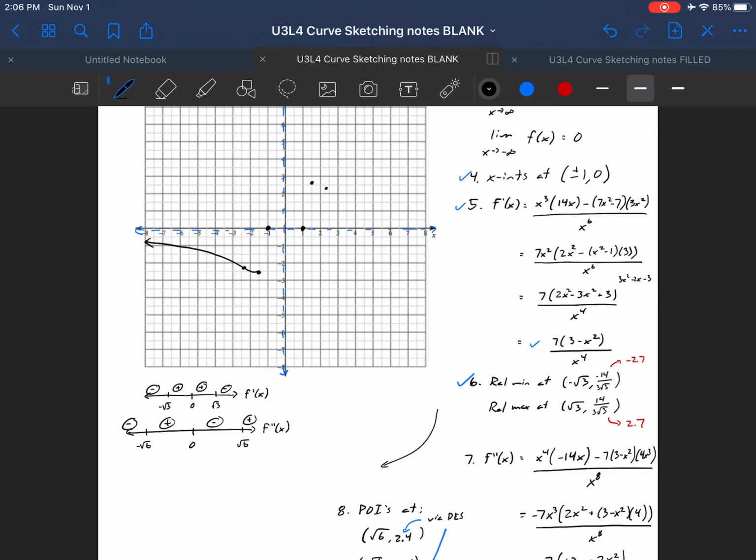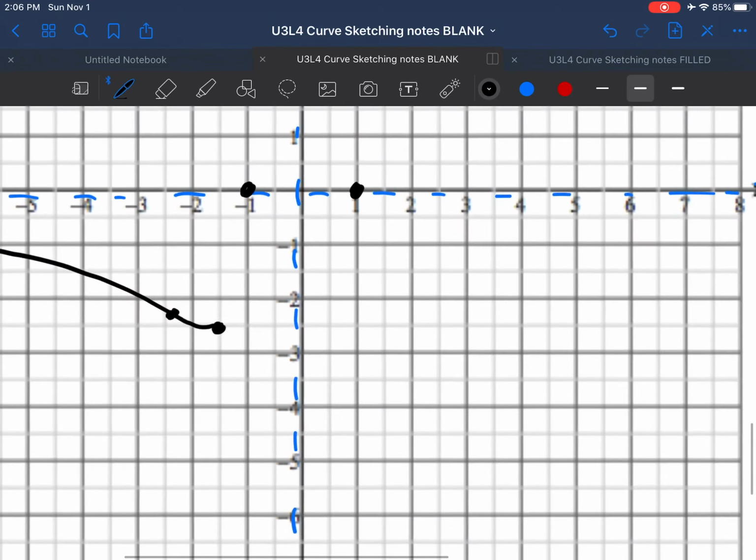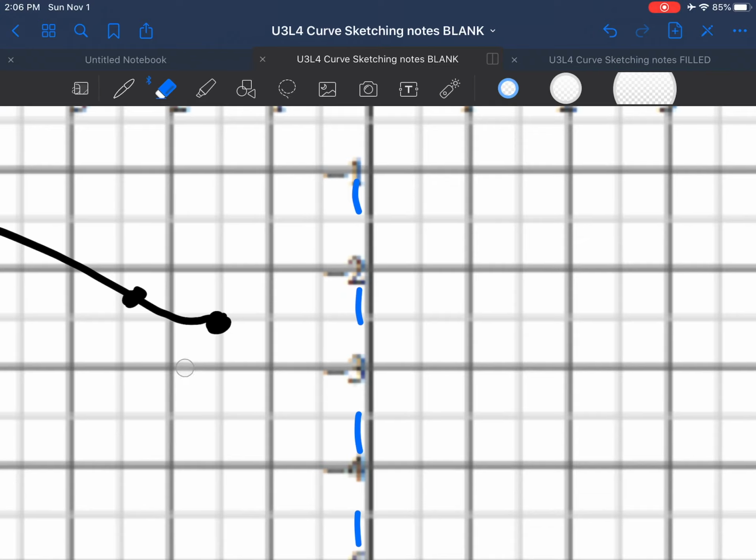Yeah, that looks a little bit better. Then, well, I've got it increasing just a little too early. You guys can see, it's decreasing, concave up, flattens out, and then steeply is increasing. Okay?